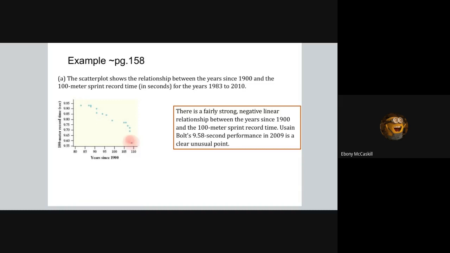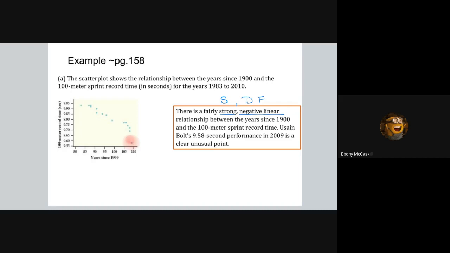One thing that I want you to notice is how three parts of the DUCK are in one sentence. So when you write this, you do not have to give me four sentences. You can literally write the strength, the direction, and the form all in one sentence. Okay?